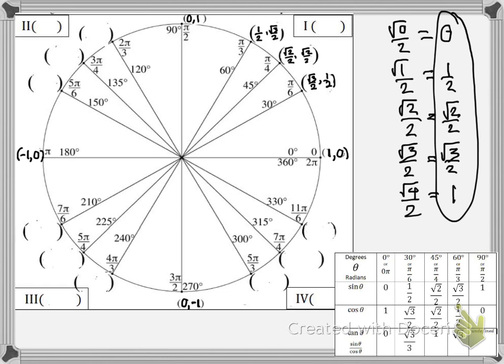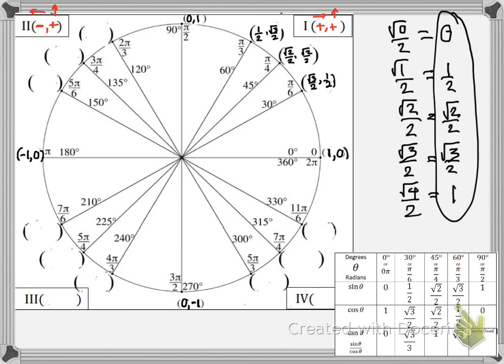Before I get too carried away, though, I want to stop and think about the signs. On a graph, everything over here in quadrant 1 is positive because we go to the right on our x's and up on our y's. In quadrant 2 here, I'm going to the left on my x's, so my x's will be negative, but I'm still going up, so my y's are going to be positive.